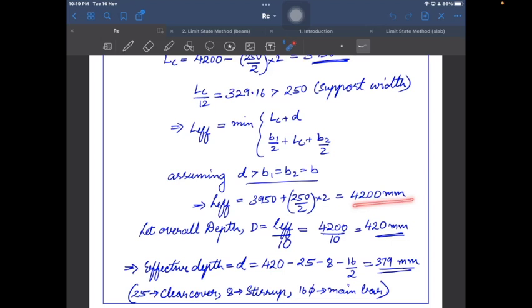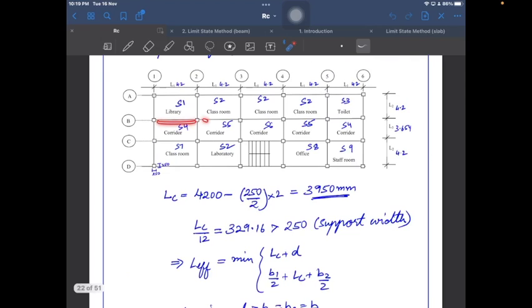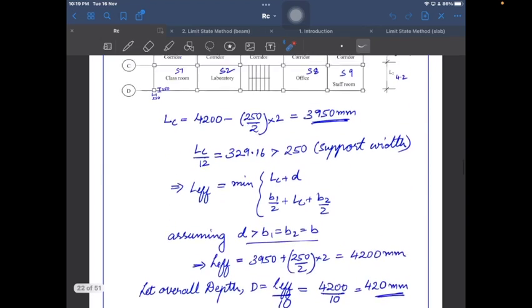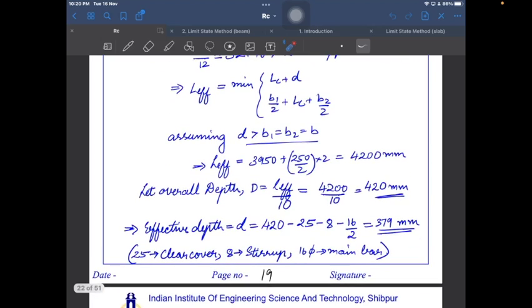We got L effective as 4200, because all these beams have the same Lc and the same b1, b2. So all of B1, B2, B3, B4, B5, B6 have the same L effective, 4200.